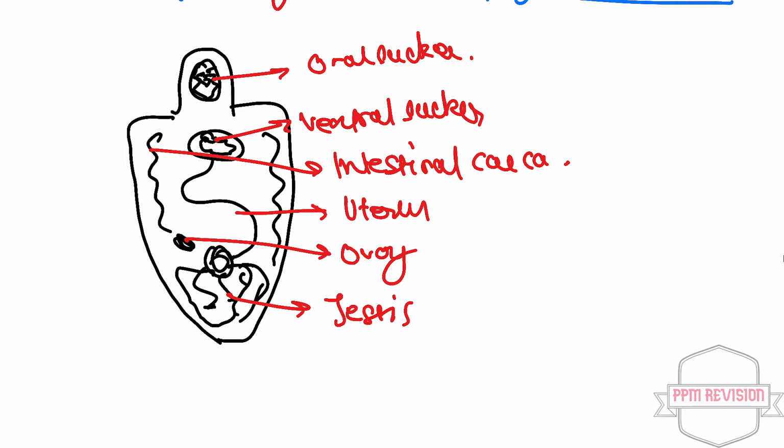So these are the important aspects that need to be known. Oral sucker, ventral sucker, then intestinal caecum, uterus, ovary, and testis. So these are the parts of the Fasciola hepatica.